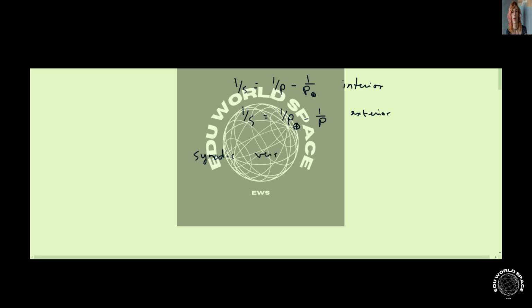So the formulas that are given involve 1 over S, which is the synodic period, which we'll discuss. The sidereal period shows up in the formula as a P. And the difference between those is sidereal means against the backdrop of stars, with reference to these stars.